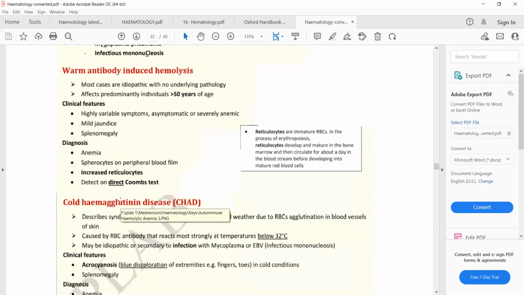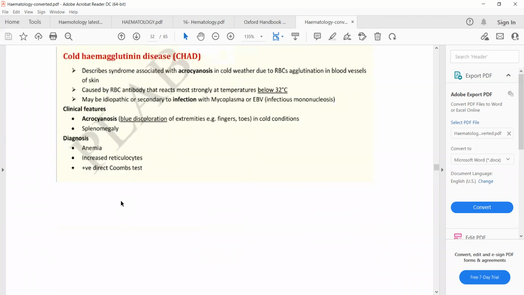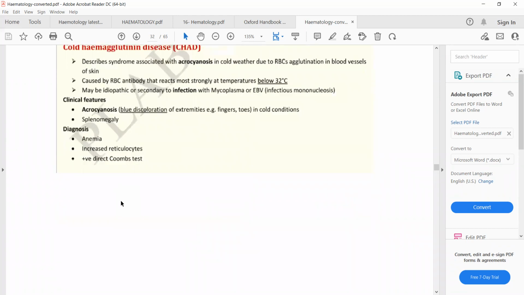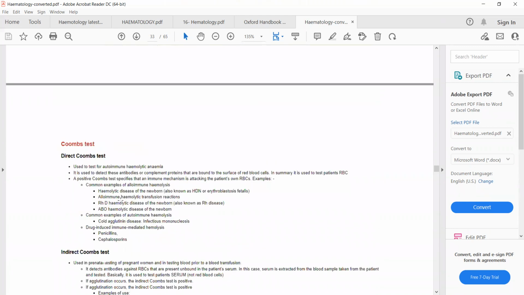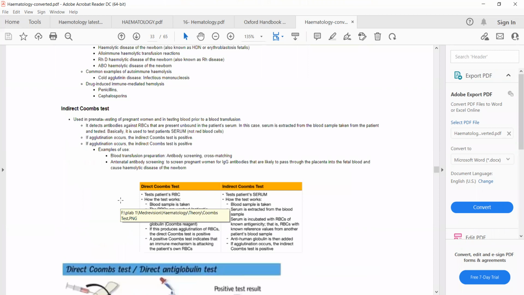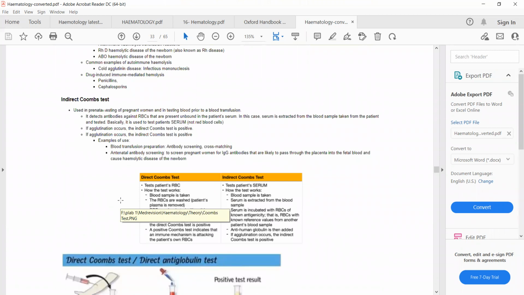These are some examples which can be detected by a direct Coombs test. While the indirect Coombs test is done in two circumstances. One is that it is done for blood grouping and cross matching.